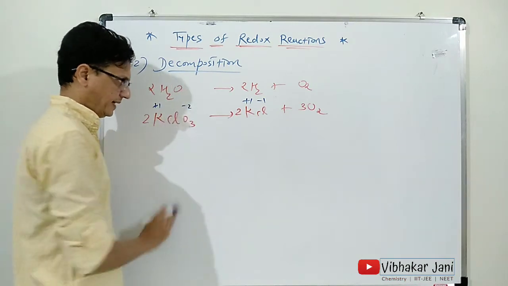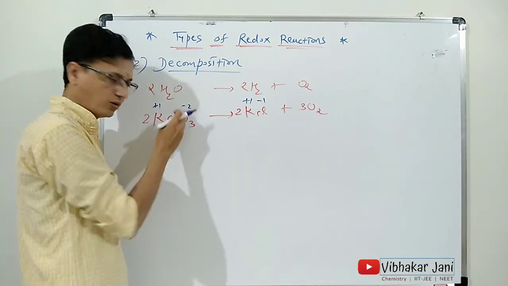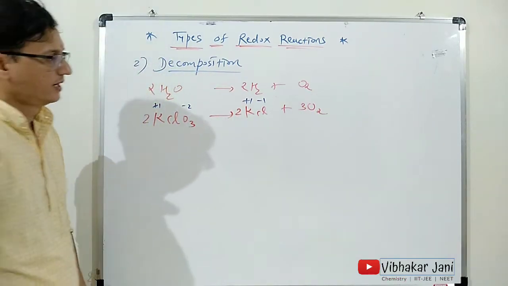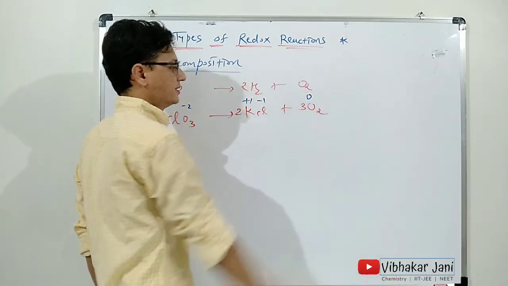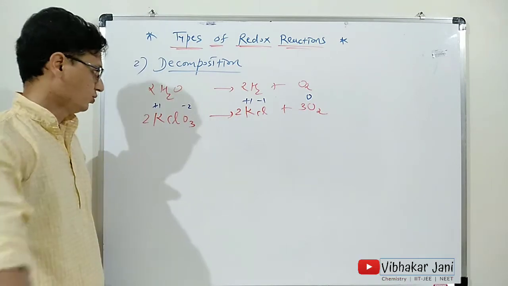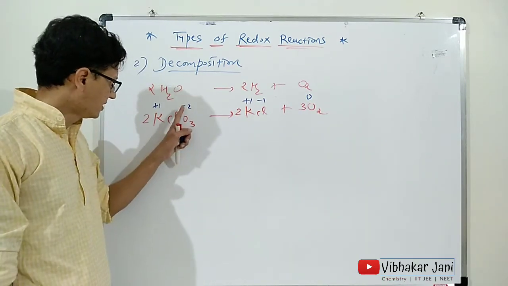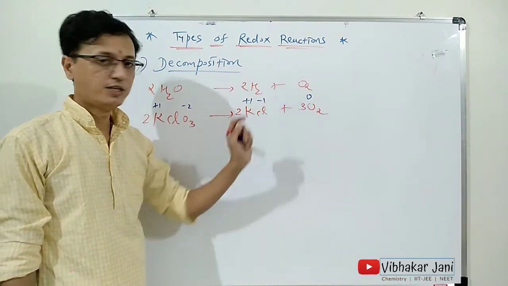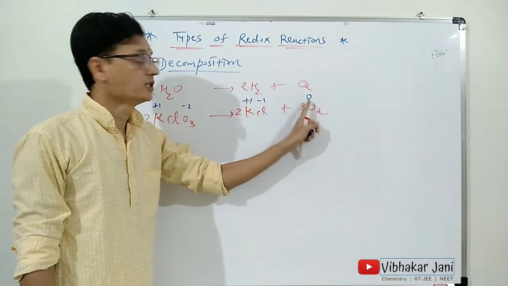Oxygen is always -2. Now here this oxygen is a neutral species, so the oxidation state is 0. So oxygen, which has oxidation state -2 in the reactant, in the product becomes 0. That means -2 to 0.